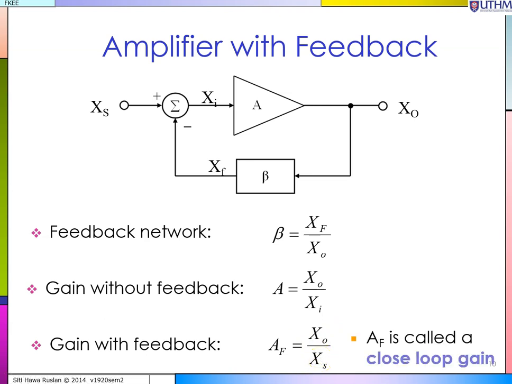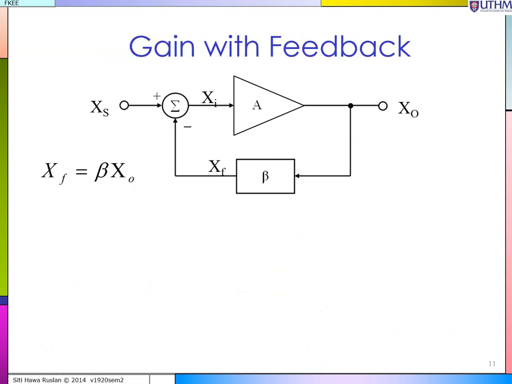So this is the closed loop gain. Remember just now A is the open loop gain. If you look over here, XF equals beta XO, because the input coming into the feedback block is XO. So XO multiplied with beta gives you XF.